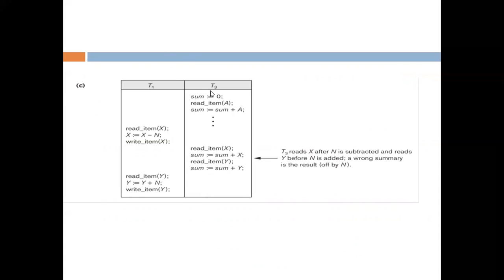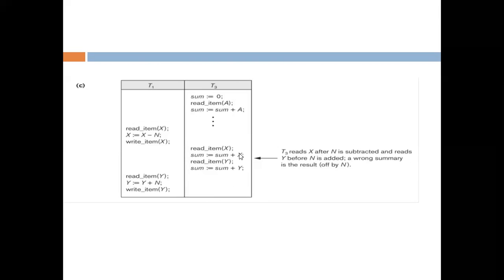So consider T1 and T3 over here. T1 is reading X, subtracting, then writing back. Then it reads Y, increments by N, and writes it. Whereas the other transaction T3 is performing the sum operation. So it reads A, performs the sum, then reads X, adds it, and adds Y also.